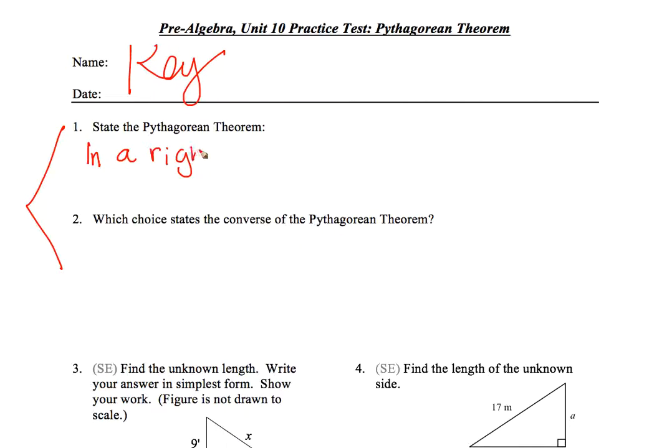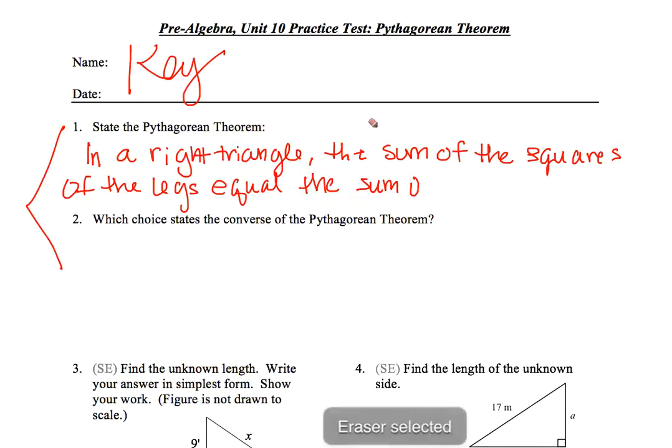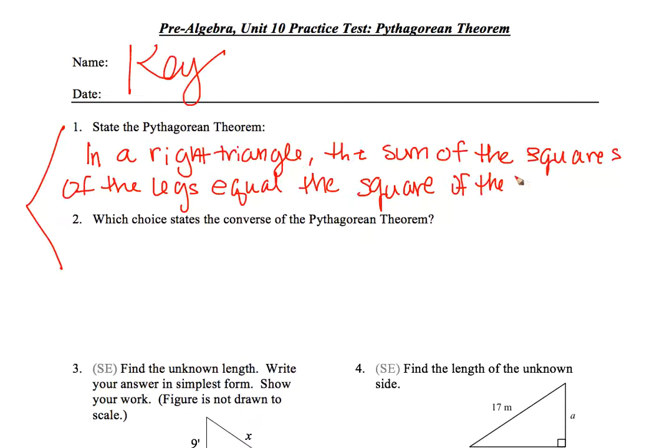in a right triangle, the sum of the squares of the legs equal the sum, not the sum, I say this every time, the square of the hypotenuse.